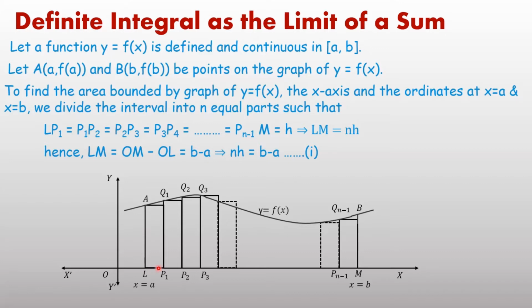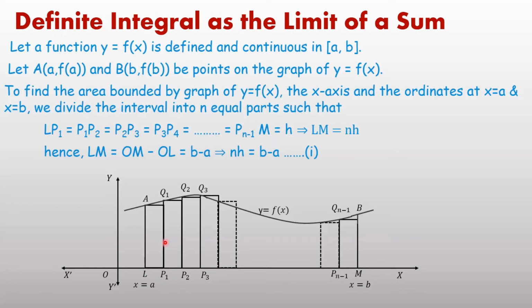Therefore total LM we can write as nh, means nh equal to b minus a. Write it as an equation first, because the width of each rectangular part is h, and there are how many rectangles? n. Therefore the total length from L to M we can write as nh, which is equal to b minus a. nh equal to b minus a.